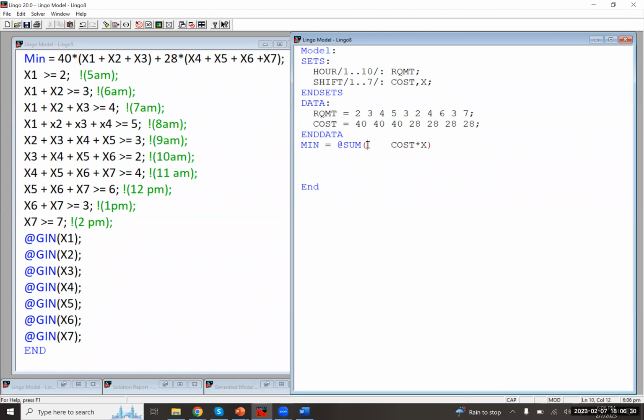So we're going to put shift and colon. After that, we can specify the objective function. Again, don't forget to end with a semicolon, okay?